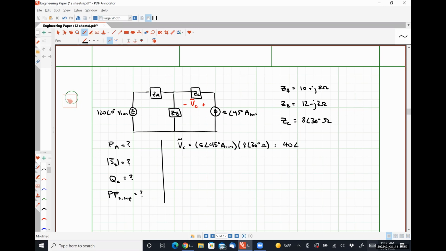And 45 plus 30 is 75 degrees, volts RMS.